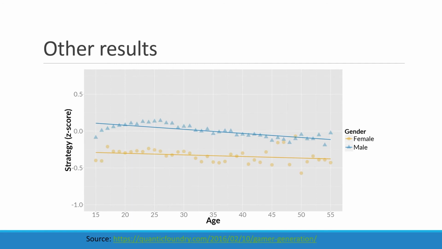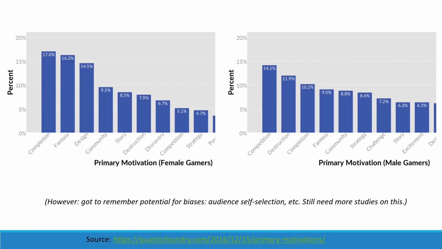And there are, of course, limitations to these kinds of studies. There are questions about self-selection of respondents. There are questions about bias in the data. So there are a number of questions that could be asked about this, and I'm sure we will be getting much more updated data as these studies continue.